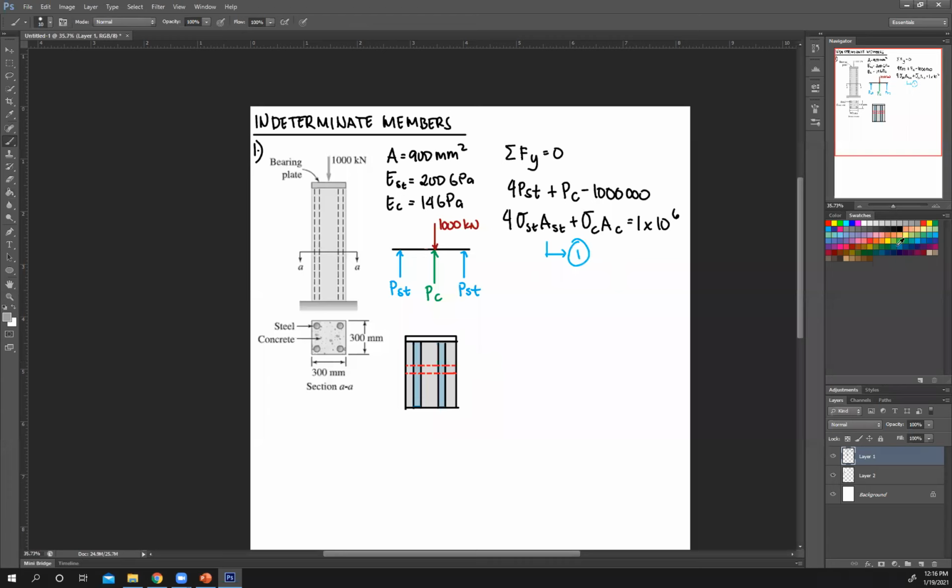Okay. So your bars deformed by this length, right? Initial position, this is now your final position. Again, initial.